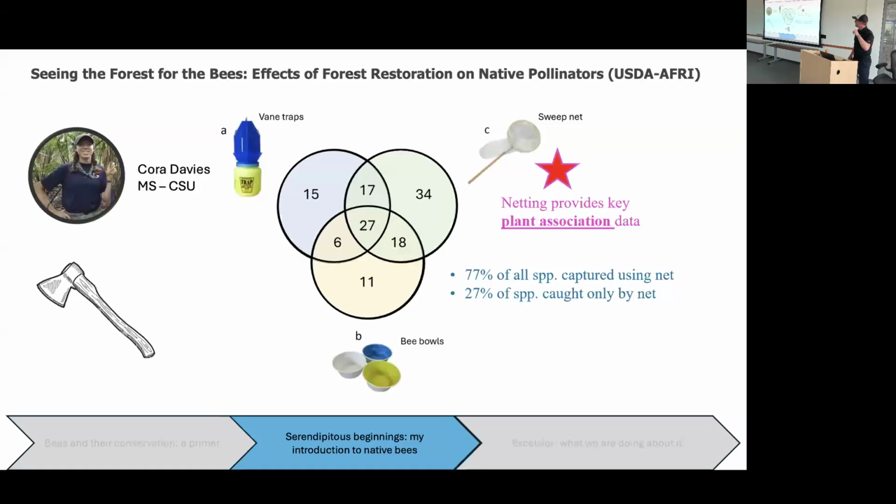And the blue vane trap is handy dandy because it's really attractive to bees. You can just go hang this thing out on some trees, and then you can come back in a week and pick it up and your bucket's full of bees. You've got a pretty good sample. The downside to that is they're also pretty biased. So they tend to be much more attractive when there are few floral resources.